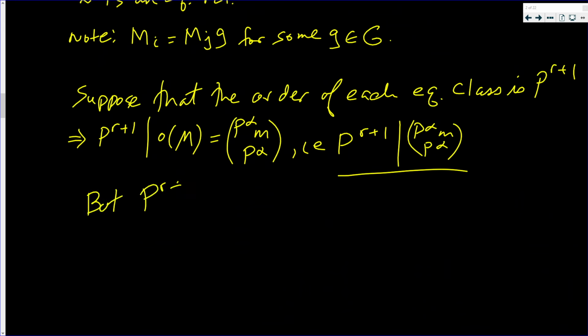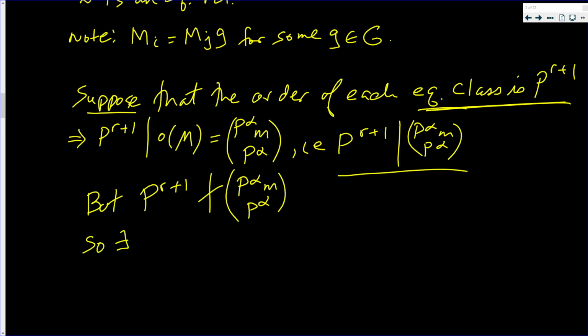But p to the r plus 1 does not divide p to the alpha m choose p to the alpha. So what are we contradicting? Suppose that the order of each congruence class is p to the r plus 1. Well, that's just not true.